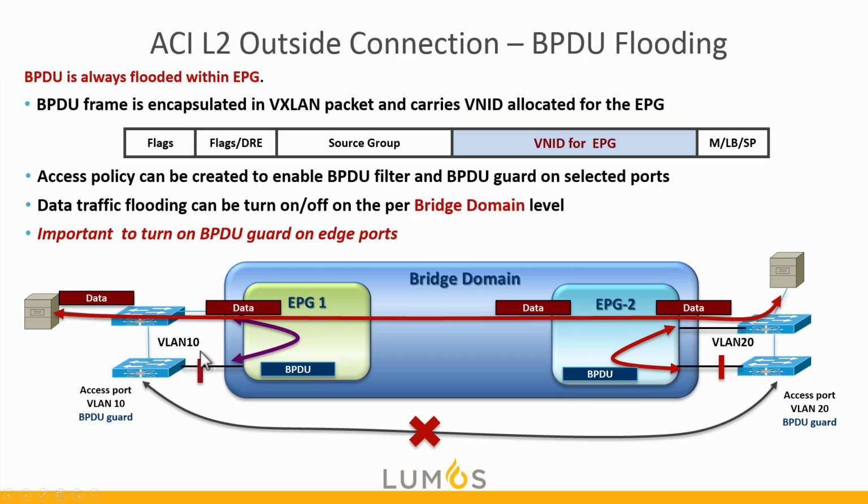So there are two different spanning tree priorities, two different spanning tree instances in the case of per VLAN or rapid per VLAN spanning tree. So because of that, even if the BPDU were flooded, it's not going to be the same BPDU. It's going to be locally significant to that VLAN ID. So having this would create a potential L2 loop.